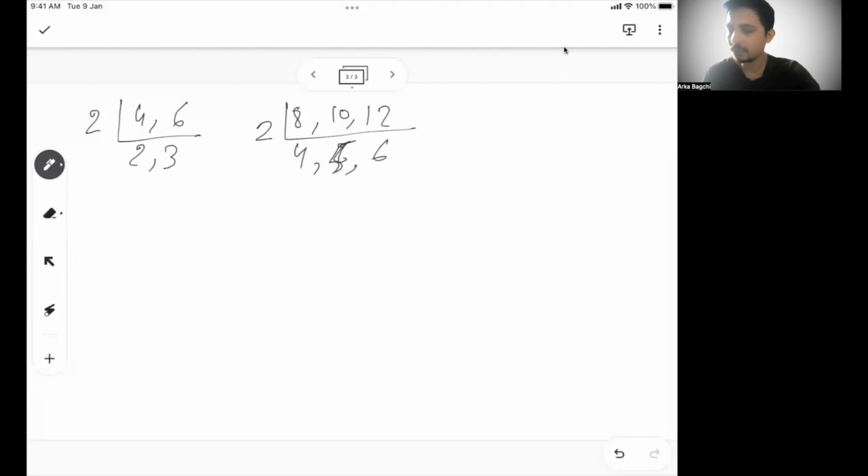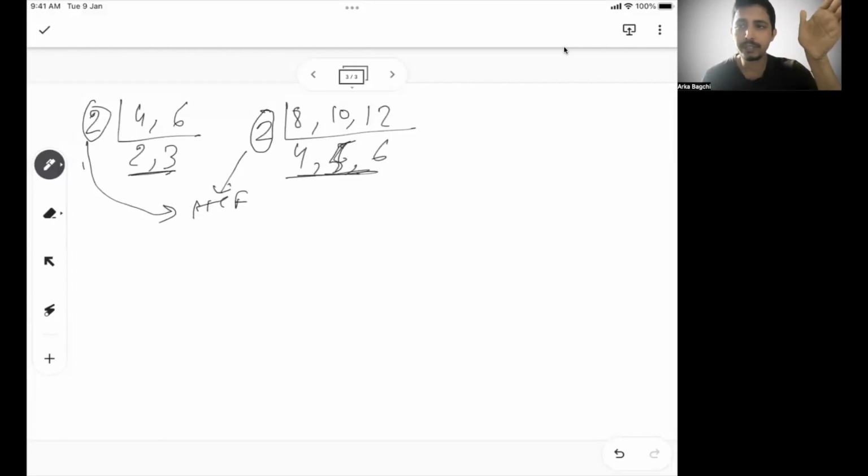Now there is no other common factor between 4, 5, and 6. Here also between 2 and 3, there is no common factor. So 2 is the HCF. That's how you calculate it: the value on the left side of the division method is your HCF.